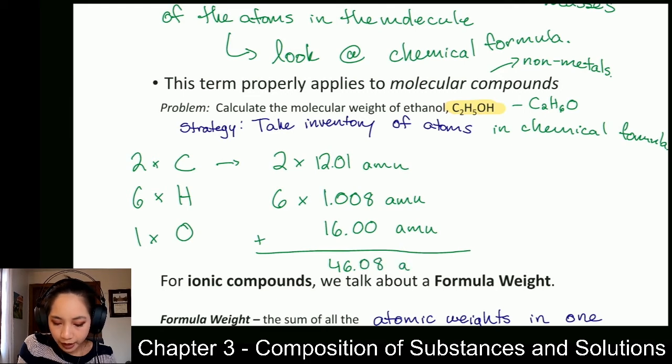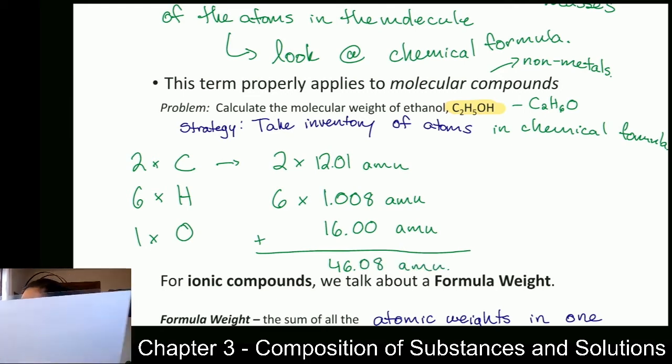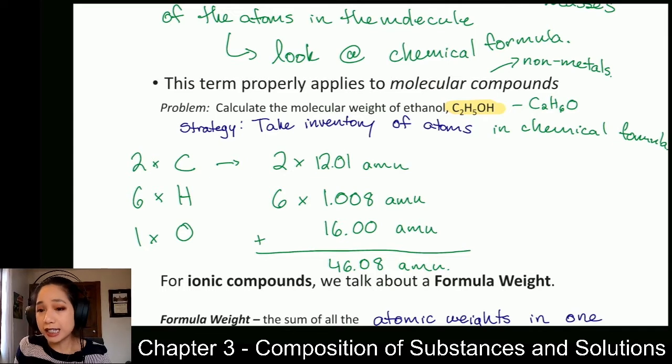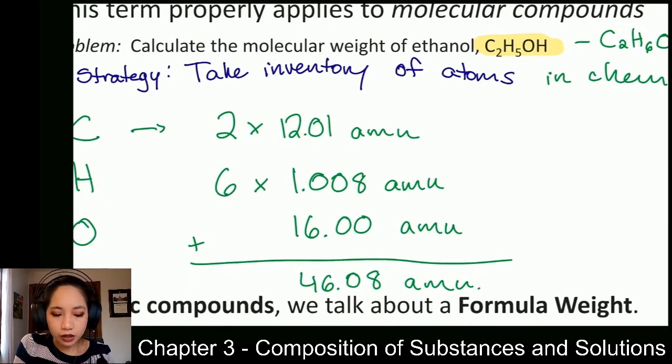If you add them up, you get 46.08 AMU. If we want to think about significant figures here, this is an addition problem. The 2s and 6s are counting numbers, so that does not affect our number of significant figures. Essentially, it's just an addition problem.